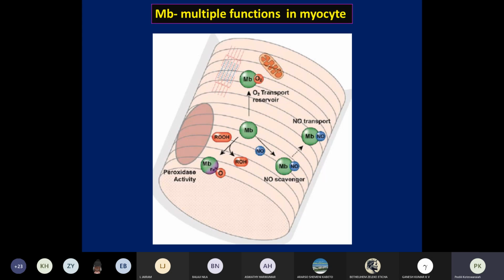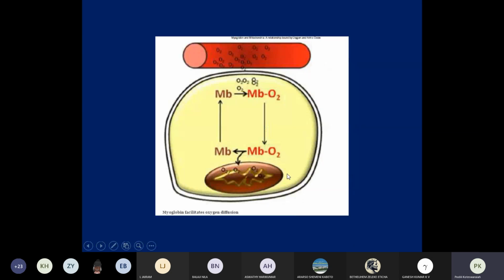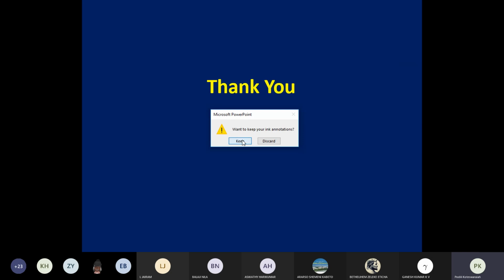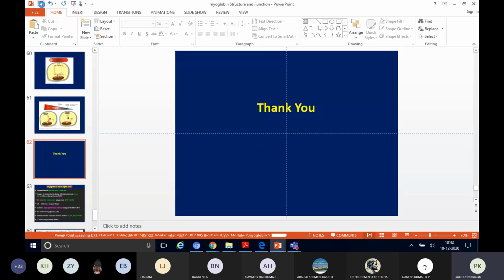Since nitric oxide is also a signaling molecule, when nitric oxide is required, this nitrate would be converted back to nitric oxide by the myoglobin. That means myoglobin scavenges and also releases nitric oxide. These are the other functions of myoglobin. So this is about the structure and function of myoglobin.